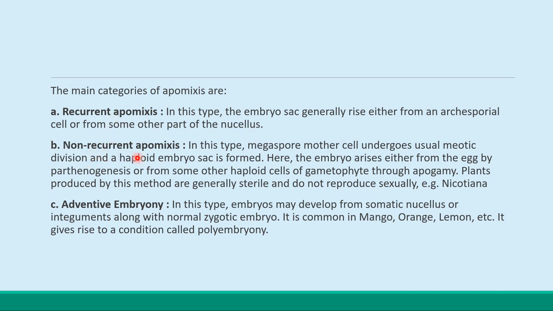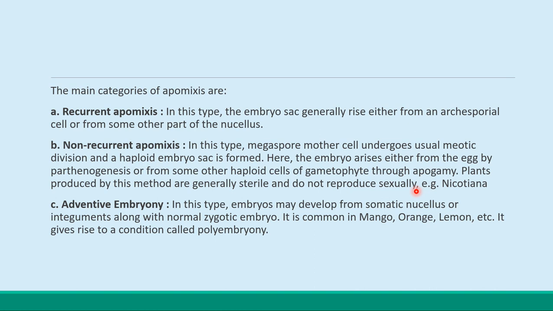Next is non-recurrent apomixis. Now what happens in this type of apomixis? The megaspore mother cell, MMC, usually undergoes meiotic division and a haploid embryo sac is formed.